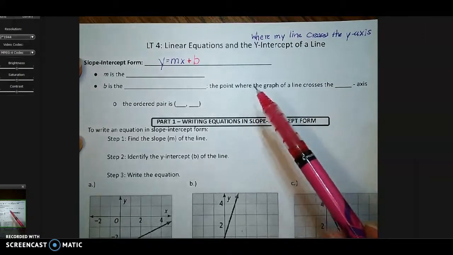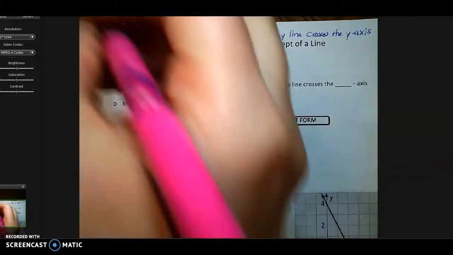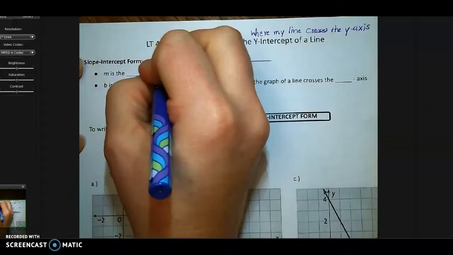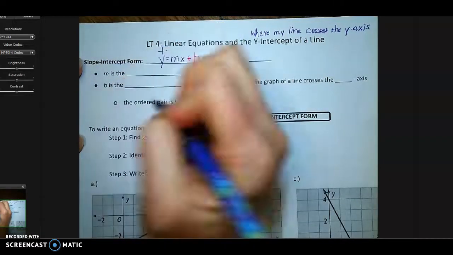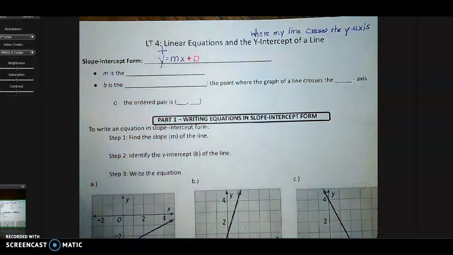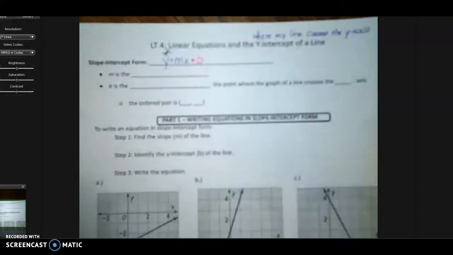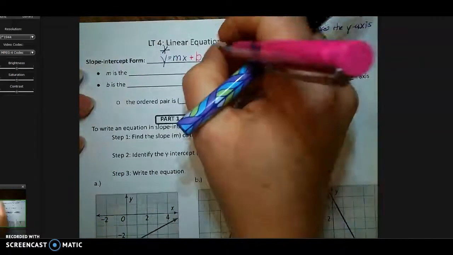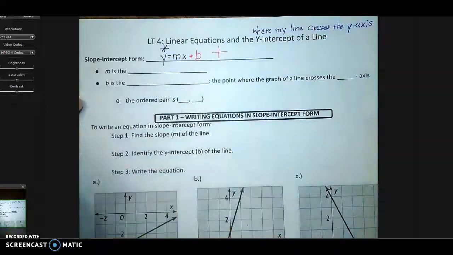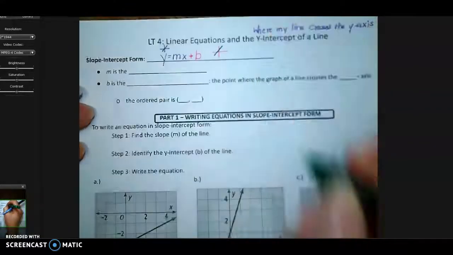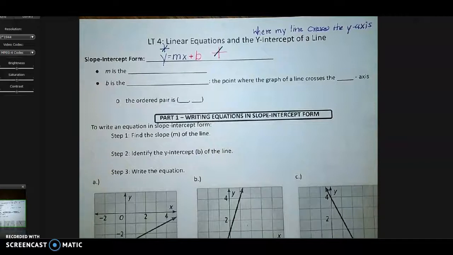So if I went through at the origin, my line might go through like this. When I don't go through at the origin, my line might look something like this. And you can see it misses the origin, but it still goes through the y-axis. It's just off a little bit.